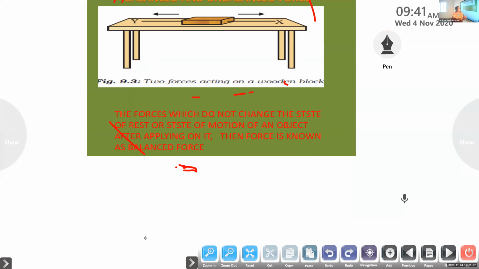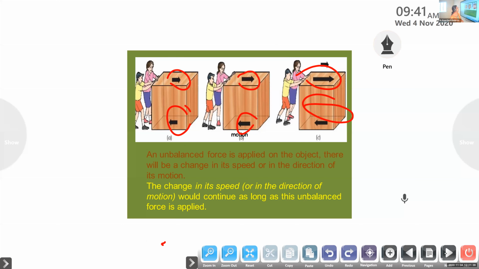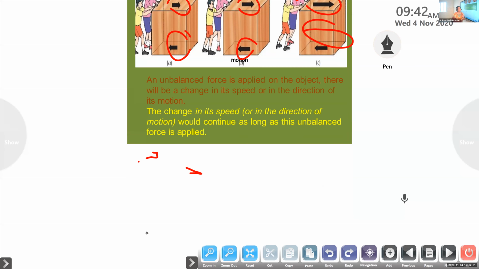So what is an unbalanced force? A force which acts on an object and changes its state of rest or state of motion, we call an unbalanced force. It can be anything. It can be gravitation in some cases. It can be upthrust in some cases. It can be the force we apply on a moving body.